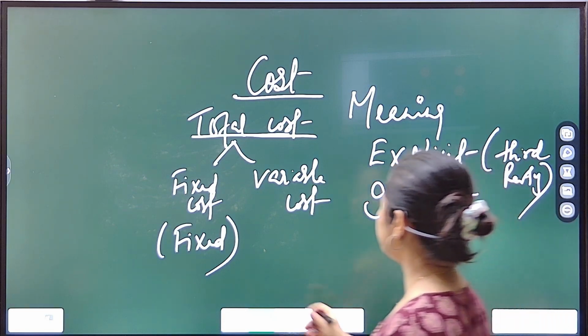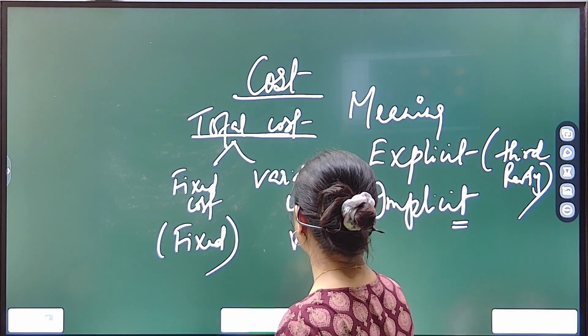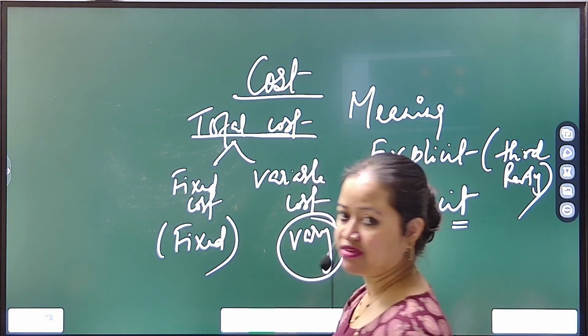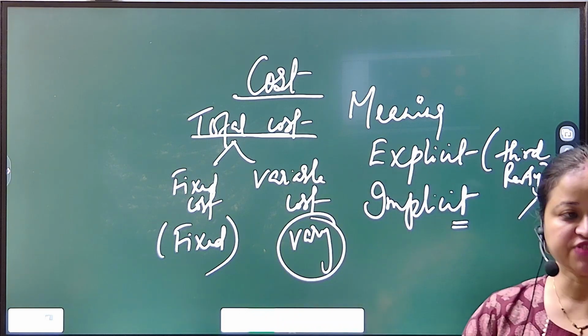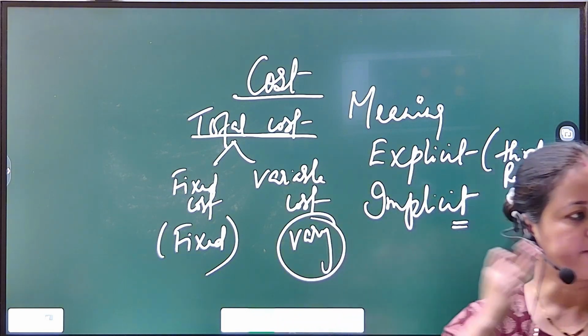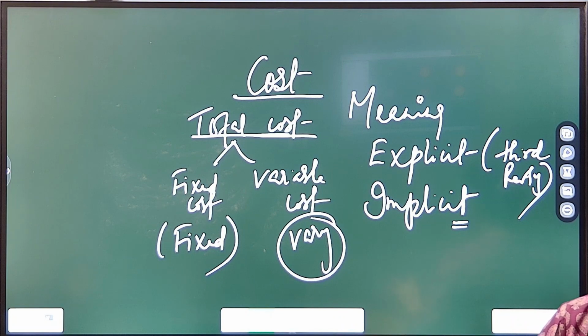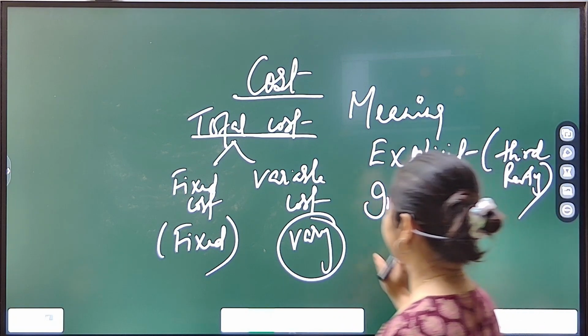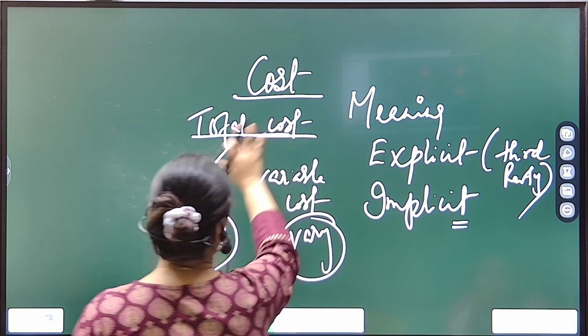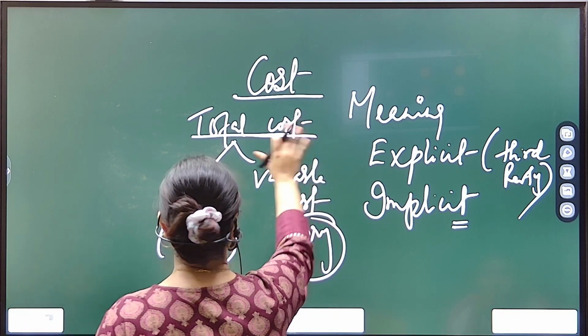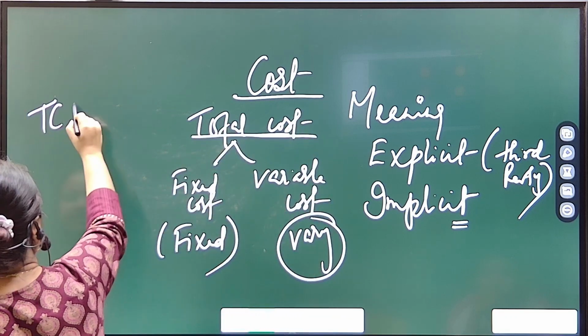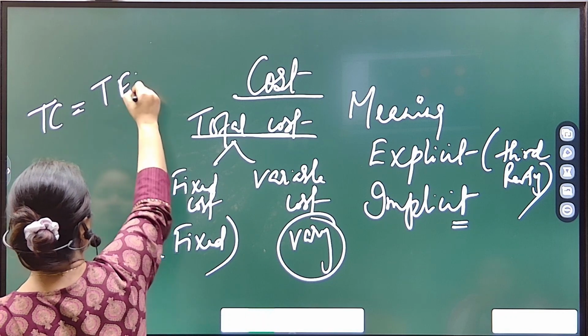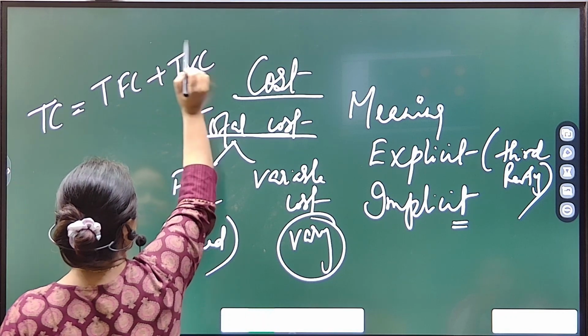But variable cost will vary with the change in output. If output increases, variable cost will also increase. So the combination of fixed cost and variable cost is the total cost. So we can say that TC is equal to TFC plus TVC.